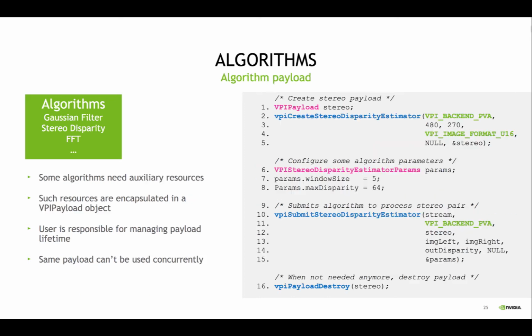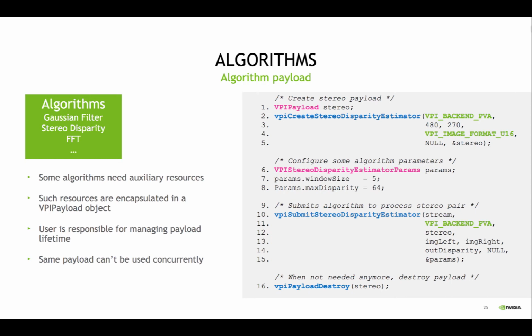So the previous algorithms were quite simple. They don't need any auxiliary resources to do their thing. But that's not the case with some other algorithms, such as the stereo disparity estimator shown here. The resources they need are encapsulated in the VPI payload object. So in general, algorithms that have payloads are handled similarly.